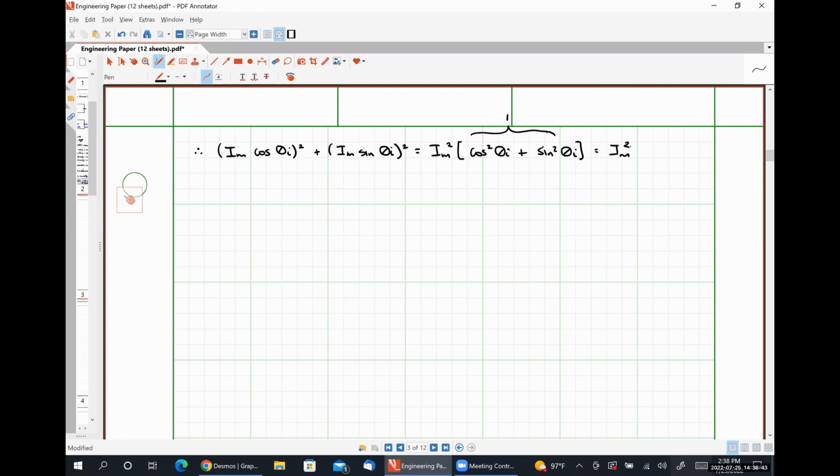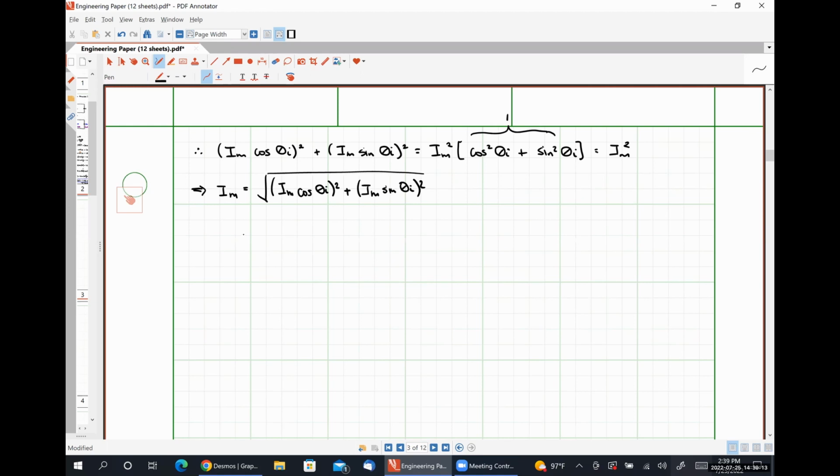So from this, we can say that Im, the magnitude of our current response, is just the square root of Im cosine theta I squared plus Im sine theta I squared.